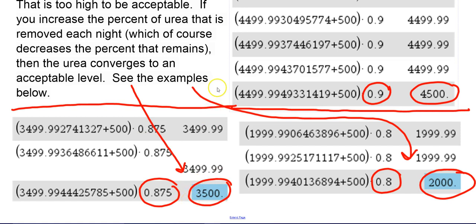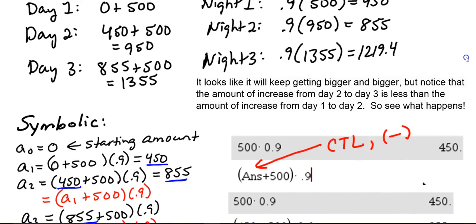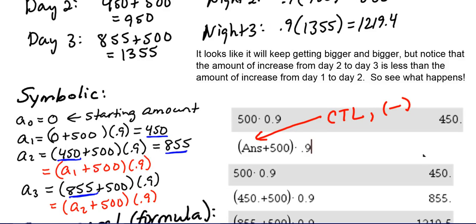So this is a really good way to explore and do examples using iteration, and it doesn't take very long to do on your calculator. You just have to come up with the recursive formula. The way you come up with the recursive formula is to do a few examples by hand and see what you're doing with the process, and then do it on the calculator.